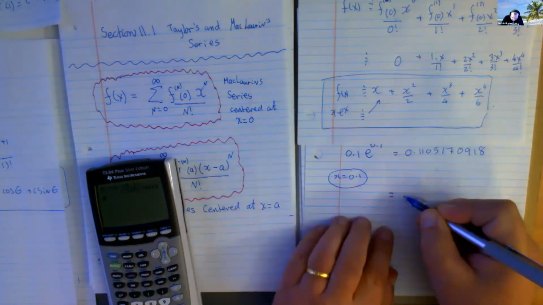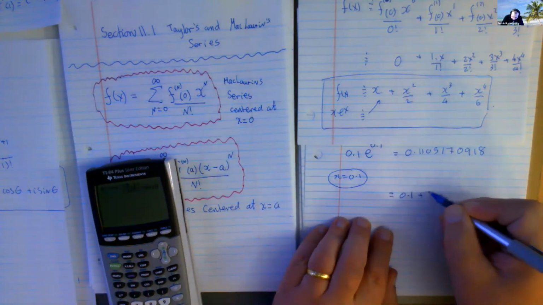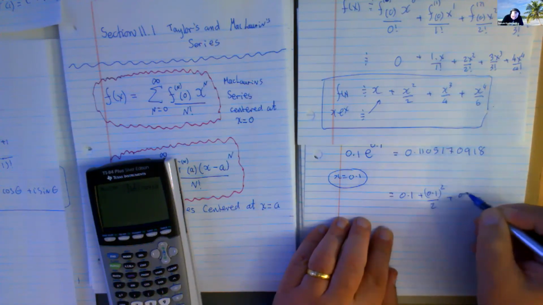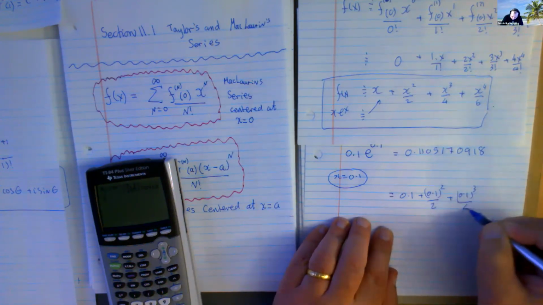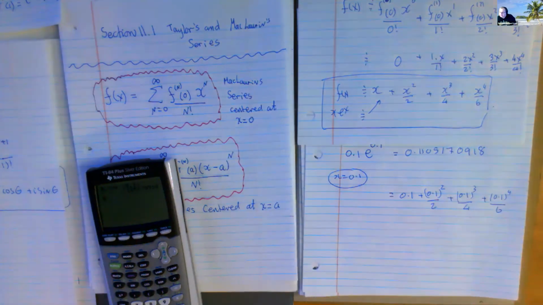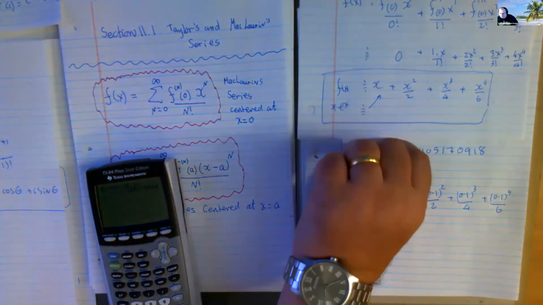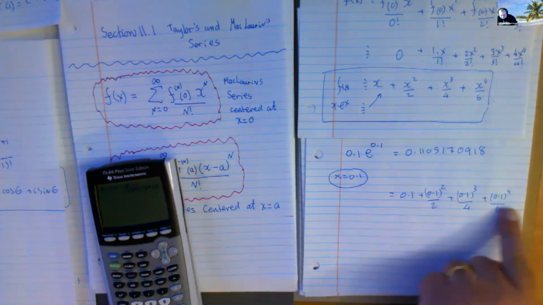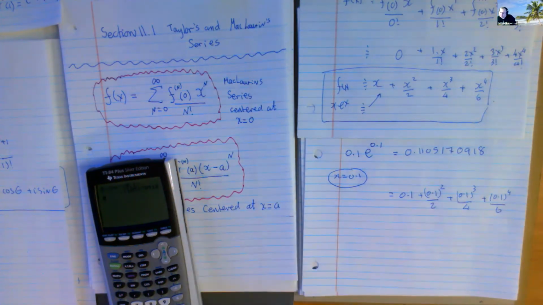I'm going to be using 0.1 plus 0.1 squared divided by 2, 0.1 cubed divided by 4, plus 0.1 over 4 with a 6. Agreed? Now, when I did e to the power of 1, I got 2.66, and the right answer is 2.72, so not a great bet. Do you think this one's going to be better?